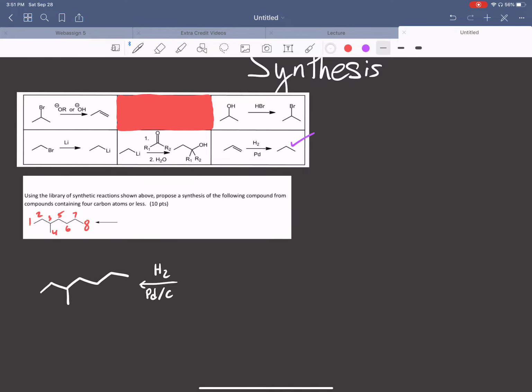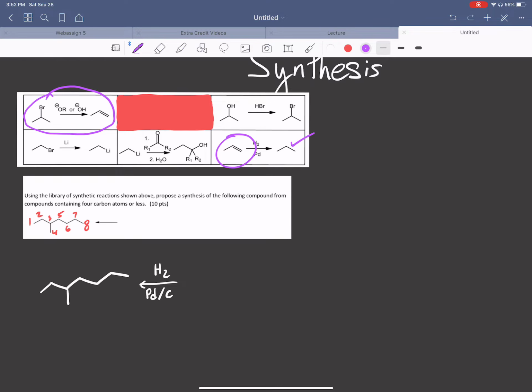So let's just look at our synthesis toolbox. We're going to end up with an alkene somewhere. Looking at our synthesis toolbox, what do we do with an alkene? Well, we do this elimination reaction with it and end up with a Br somewhere on that double bond, okay? So wherever you put the double bond, the step after that is going to have a Br somewhere on that.